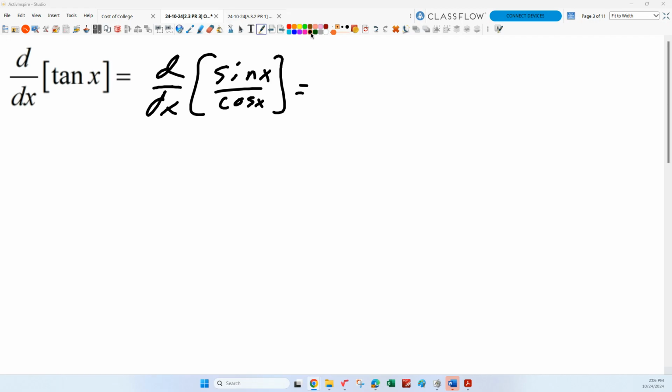So how are we going to differentiate that? What rule would we have to use? Quotient rule, because I've got a quotient of functions, right? Okay, so what do I get? Low D high. Low is cosine x. What's the derivative of high?